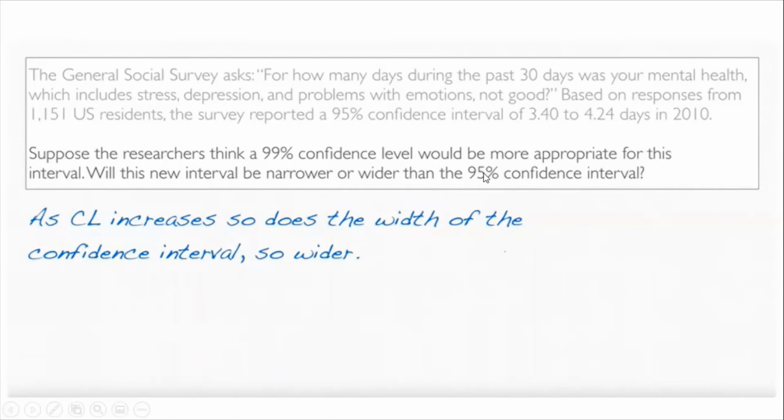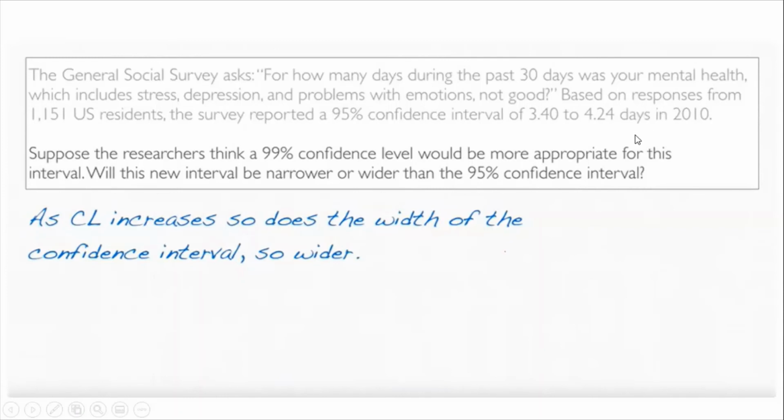Okay, that means we are using the same sample size. If we use the same sample size and a 99% confidence interval, the lower bound will be lower and the upper bound will be larger, so that the interval width will be wide.